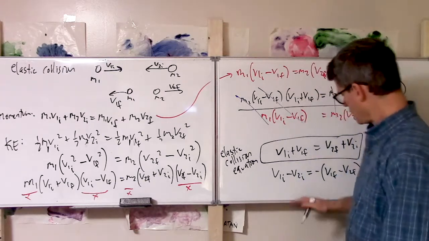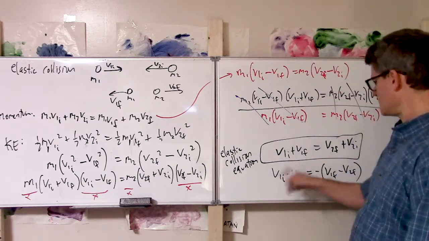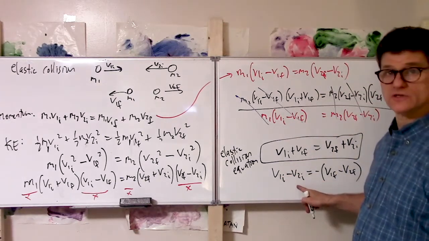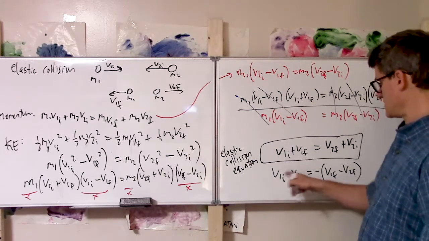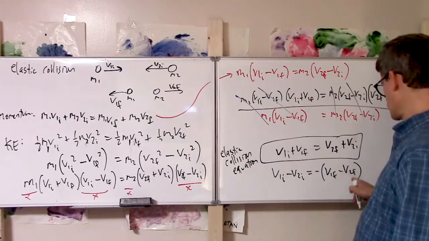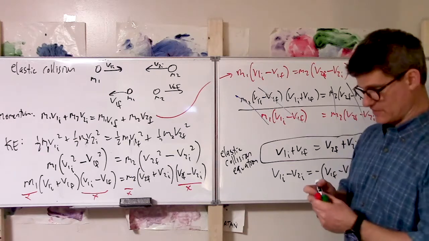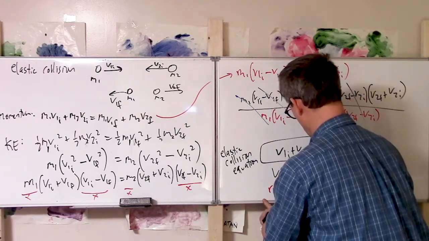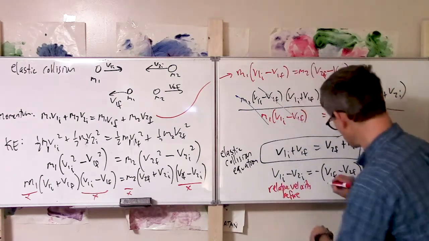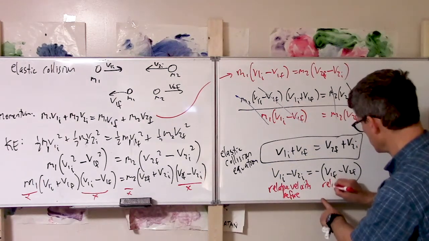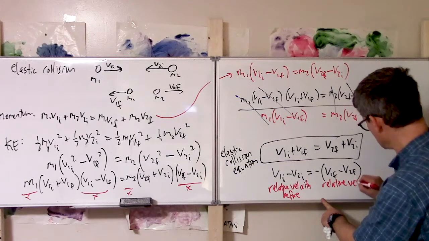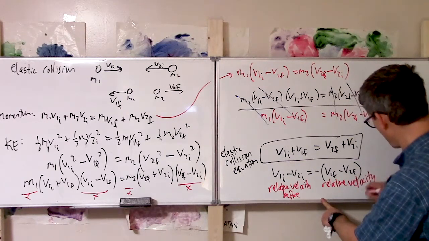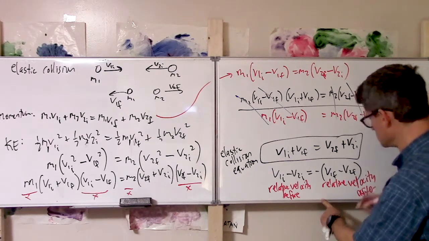What this shows is a difference in velocity between 1 and 2. This is called the relative velocity between 1 and 2, and this is the relative velocity between 1 and 2 final. Relative velocity before equals relative velocity after. So that's kind of an interesting statement.